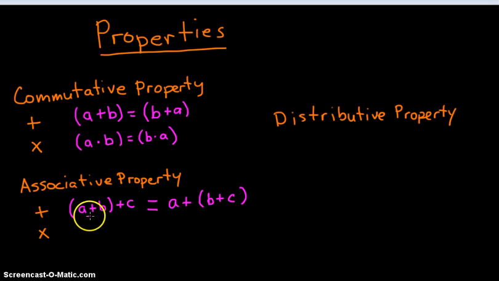So in this case, we would add A plus B first, get a sum, and then add C. In this case, we would add B plus C first, get a sum, and then add it to A. So these parentheses just change the order in which we add the numbers.